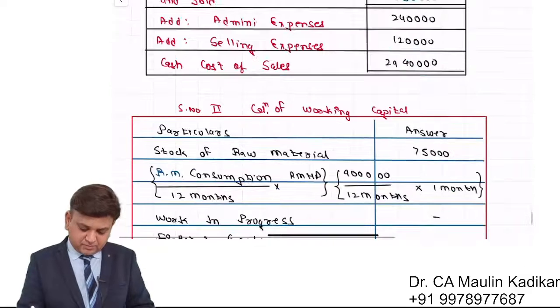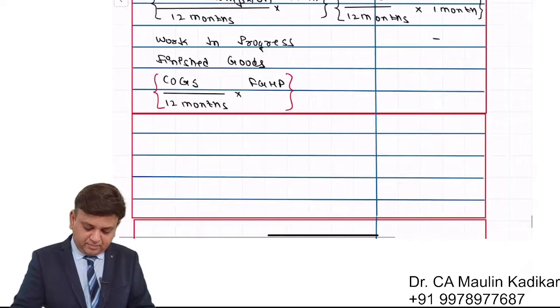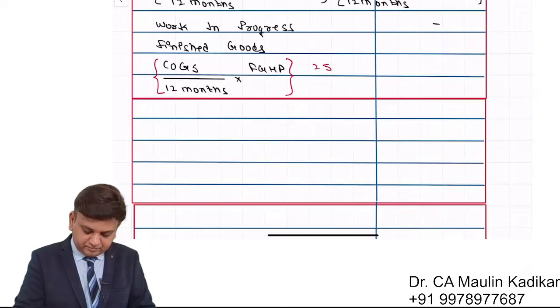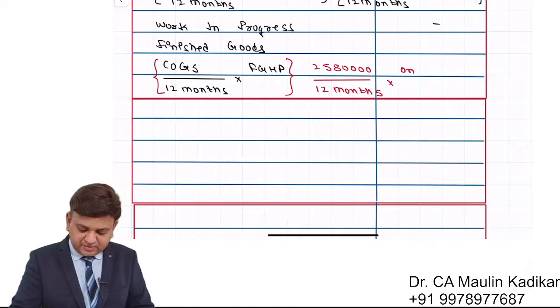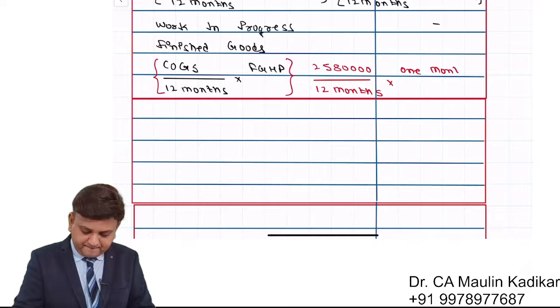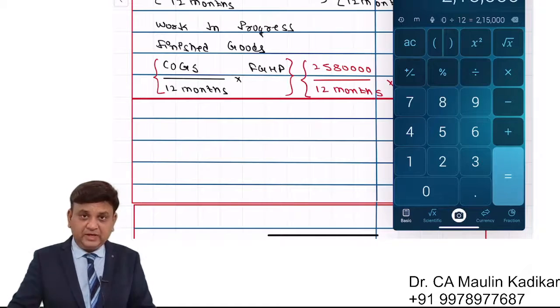So cost of goods sold is 25 lakh 80,000 divided by 12 months into finished goods holding period. It is 1 month. That is the way finished goods stock will be found. 2 lakh 15,000.